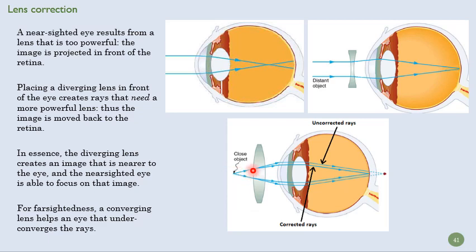So we correct that with a converging lens, and that then allows us to focus our image in the right place. So in both cases, essentially what's happening is that our natural eye lens is either too powerful or too weak to handle a particular kind of ray. And then our glasses change the rays that are coming into our eyes to make it easier for our eye to handle. And that's how our eye works, and glasses. Pretty cool.